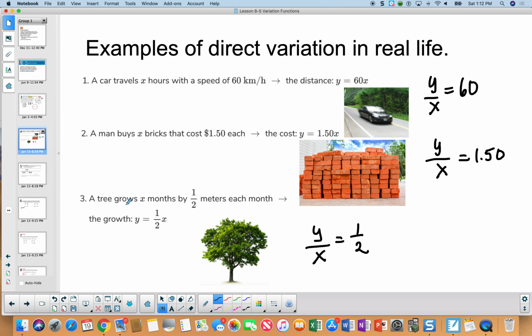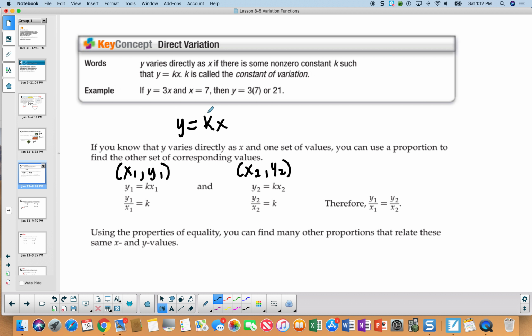Here's another one. A tree grows ½ meter each month for x months, and that represents the growth. So here's the growth, here's the number of months, and we can isolate the constant by dividing both sides by x. So a direct variation, again, hopefully you will recognize that it looks like this.